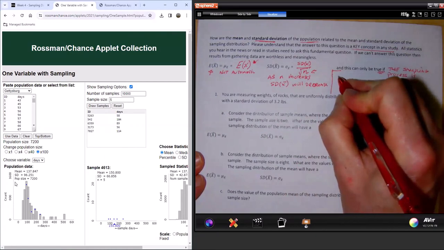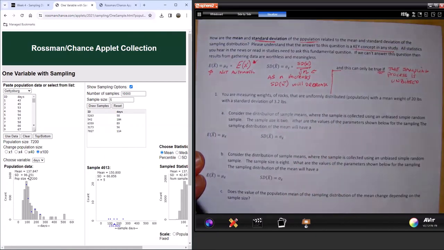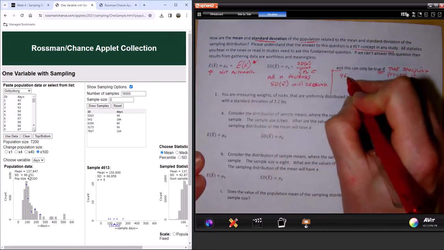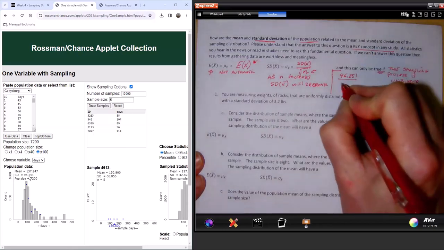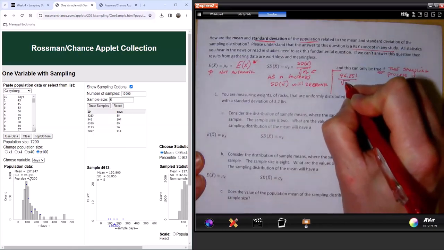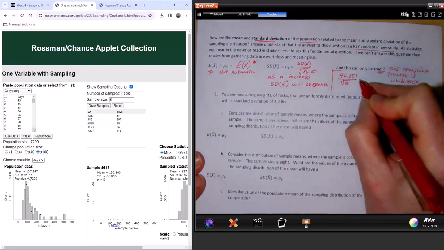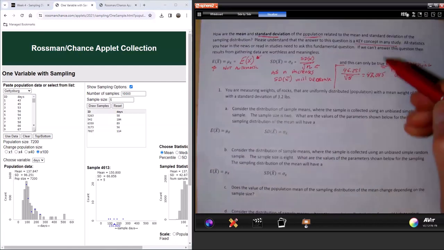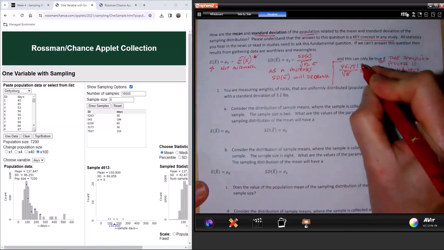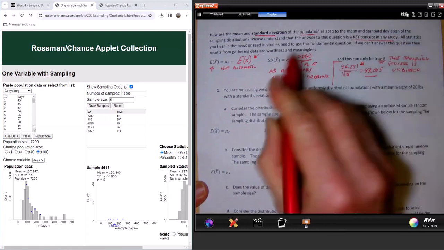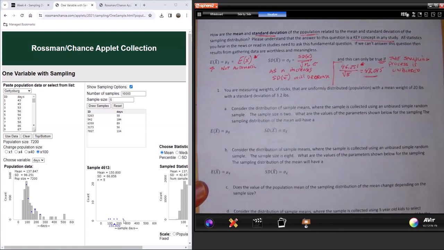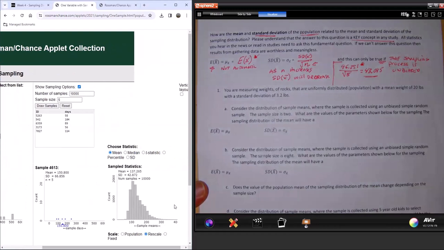So if I take the standard deviation, 96.251, and divide that by the square root of 5, because each sample mean consists of 5 numbers, what do we get here? I get 43.05. This is really the true standard deviation. But this number over here, which is still only from 10,000 samples, is an approximation.